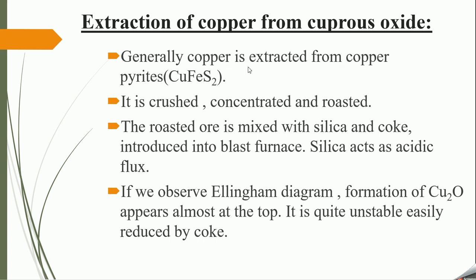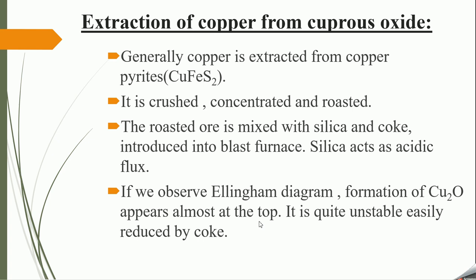So here copper is extracted from copper pyrite. This copper pyrite is obtained from the earth's crust. It is crushed and concentrated by the flotation method, and finally it is roasted. The roasted ore is mixed with silica, which is an acidic flux, and coke, which acts as a reducing agent.